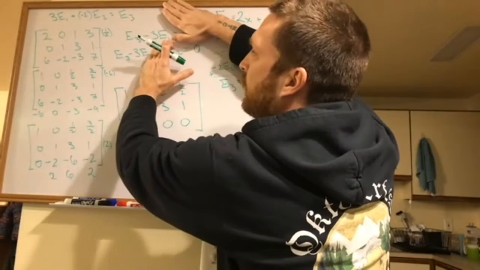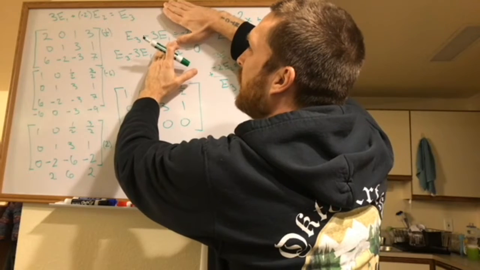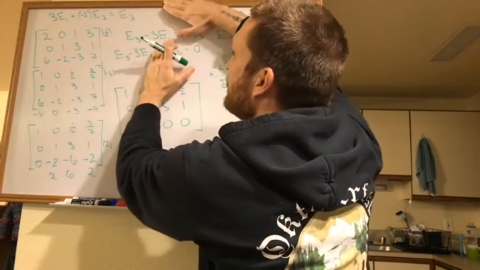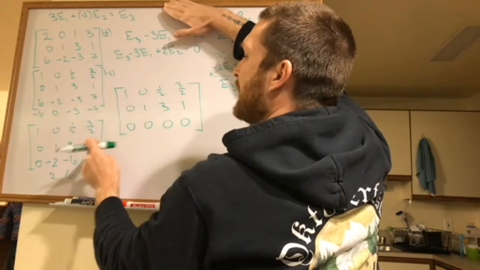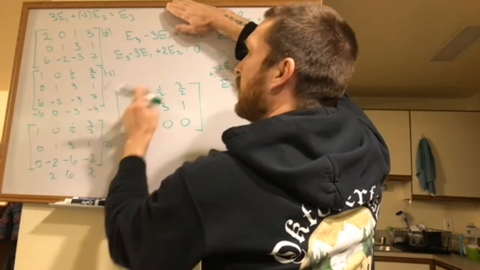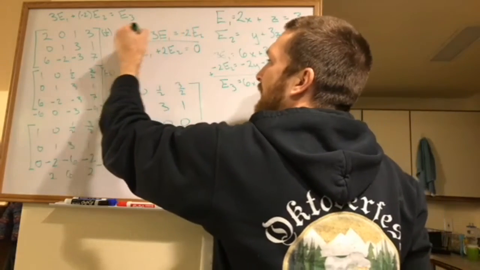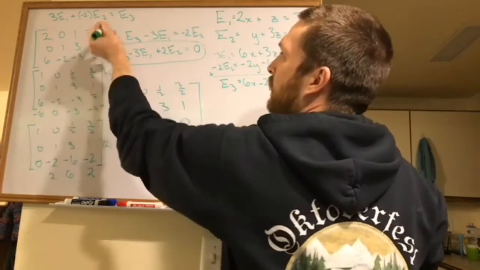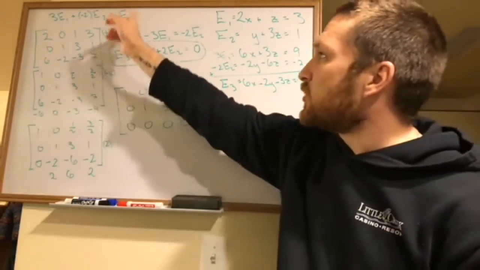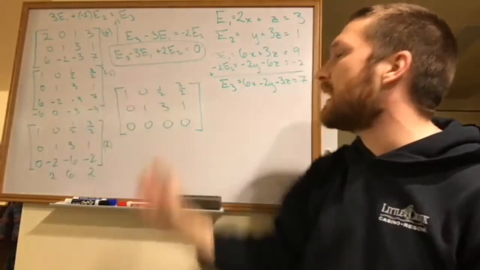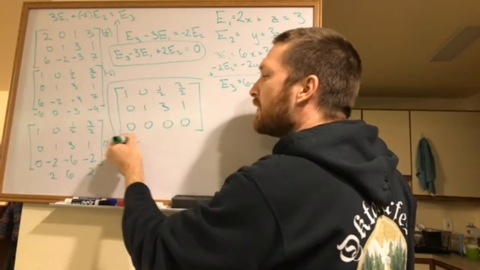Let's subtract off 3 times E1 from that guy that we had right there. And then the algorithm says, well, we're going to add 2 times the second row, which is E2, to that guy right there. And that is exactly how we get back to 0, because that just comes from that right there, right? If we were just to bring everybody over on one side.